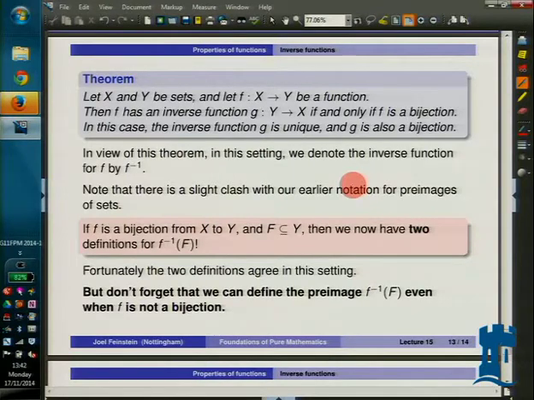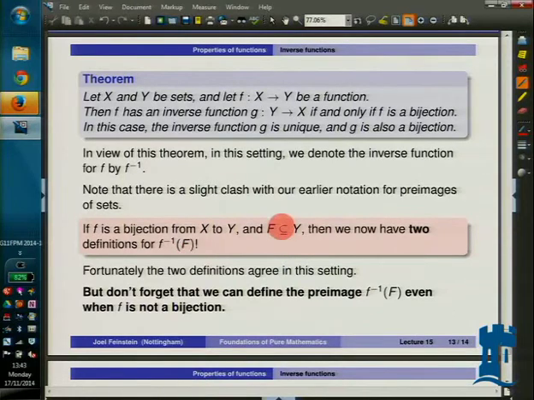But we're in luck, because if f is a bijection, and you look at the two different meanings for f to the minus 1 of a set, they come out to be the same thing. What are these two meanings? One of them is the pre-image, and the other one is the values taken by the function f to the minus 1 on this set. And normally, if it's not a bijection, only one of those makes sense. When it is a bijection, they both make sense, and fortunately, they're the same.